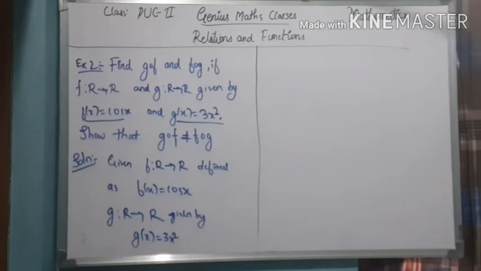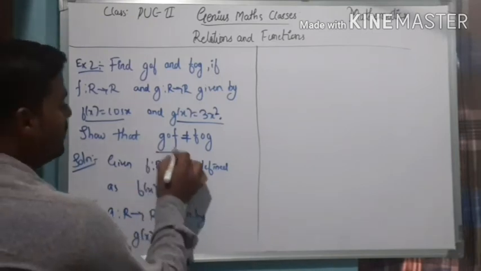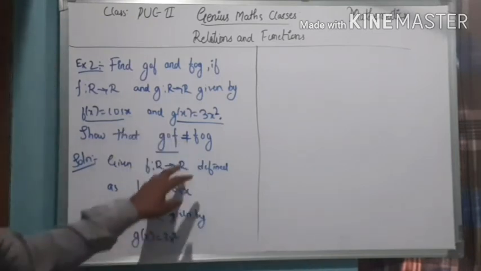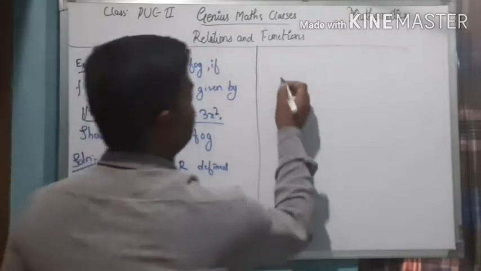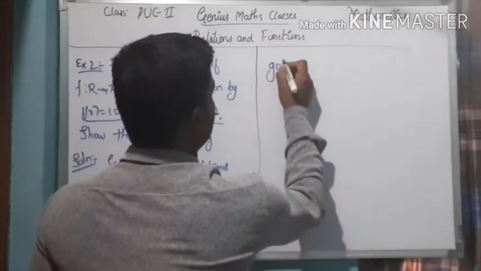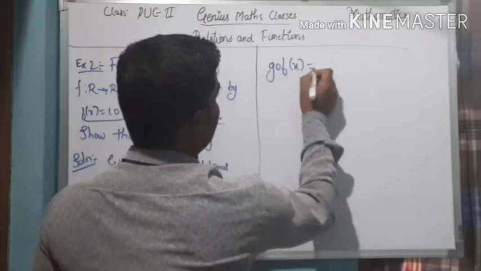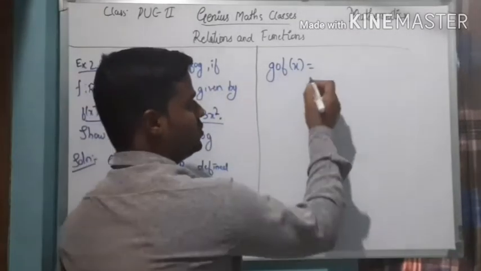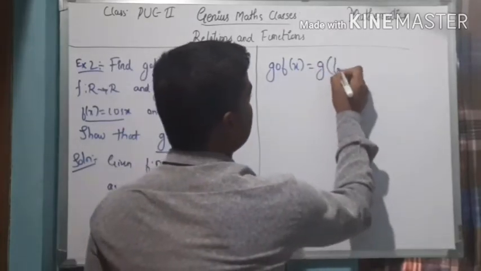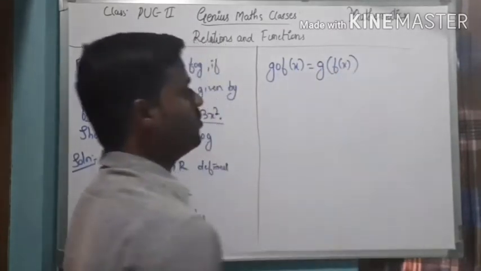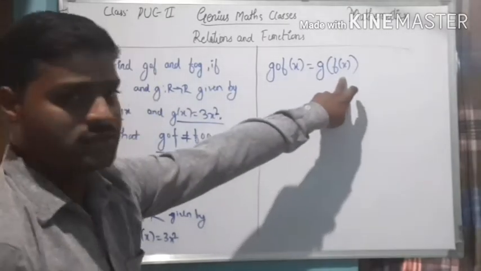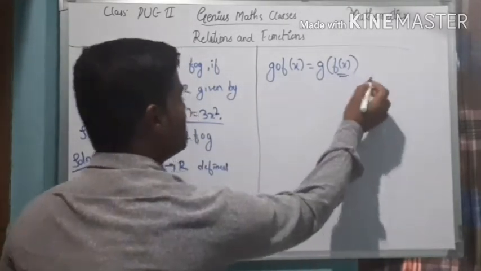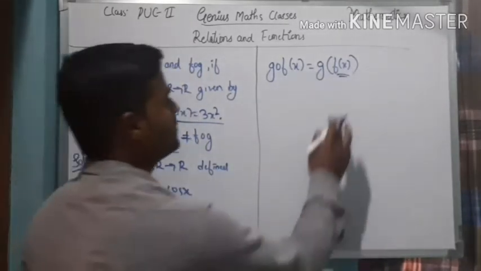Let me first calculate g∘f. So g∘f of x, according to the definition, is g of f of x. So what is f of x? f of x is cos x.